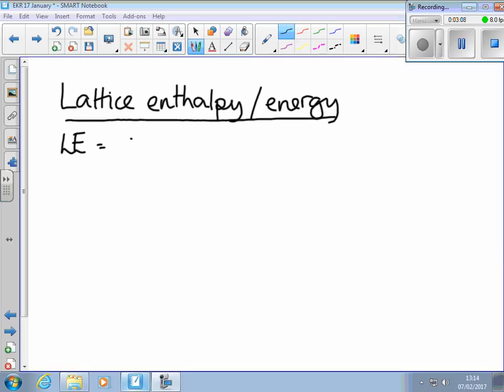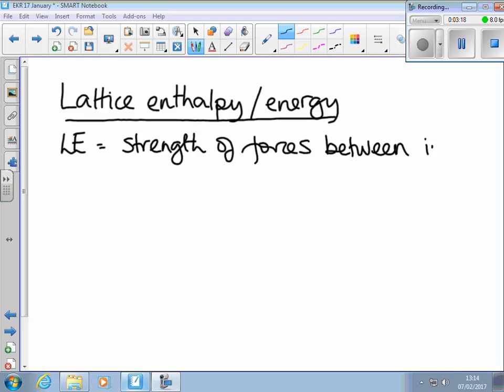So really it's about the strength of forces between ions in a solid. Obviously the greater the lattice enthalpy, the stronger the forces.